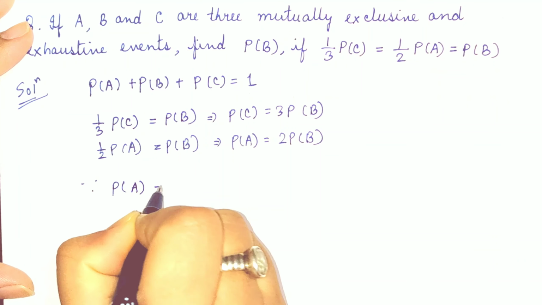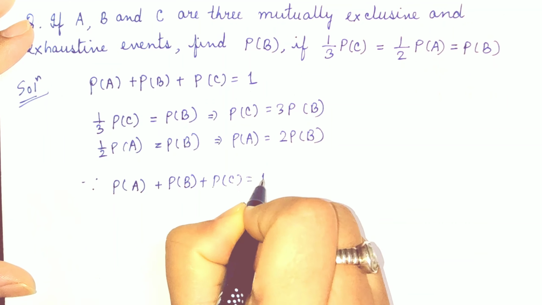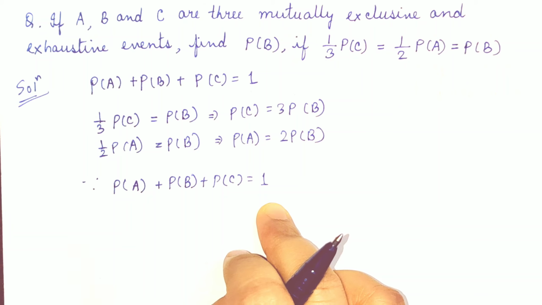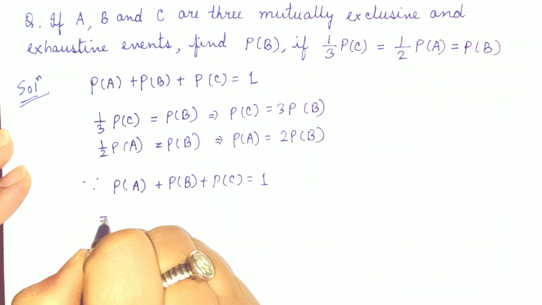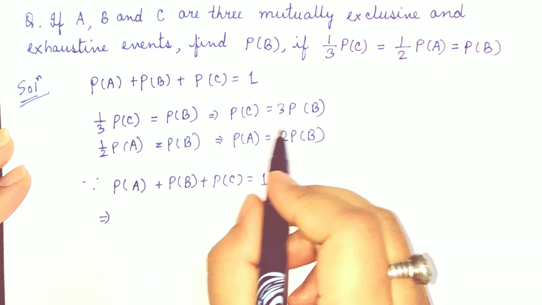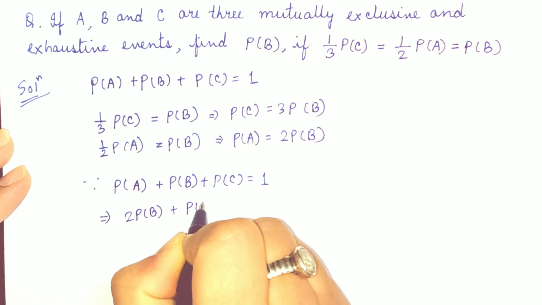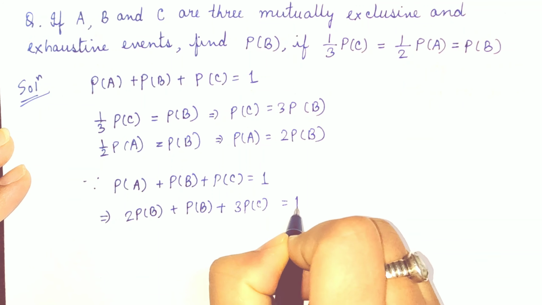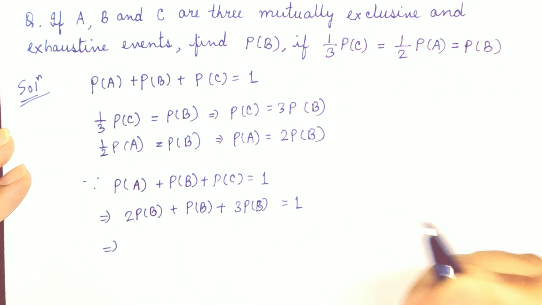Since P(A) plus P(B) plus P(C) equal to 1, because the 3 events are mutually exclusive and exhaustive, P(A) equal to 2 P(B), P(C) equal to 3 P(B).